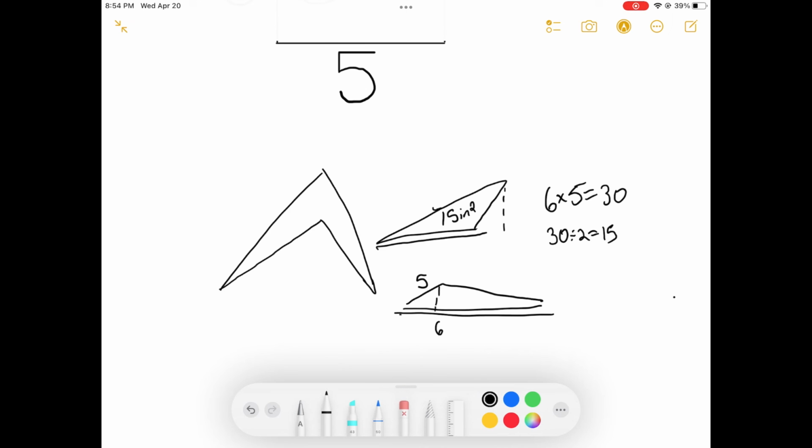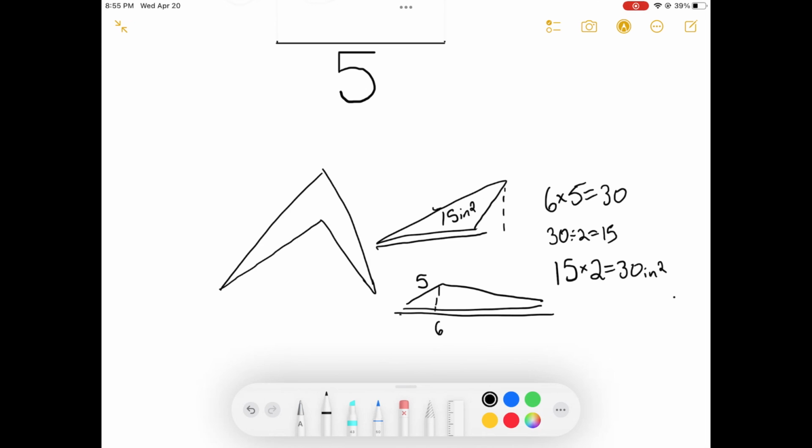So since it is half, or one of the two pieces, let's put that on there. We have to multiply it by 2 to figure out the area of the 2 pieces combined. So we do 15 times 2 equals 30. So the area of the shape is 30 inches square.